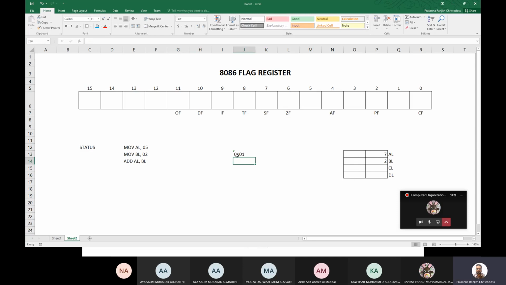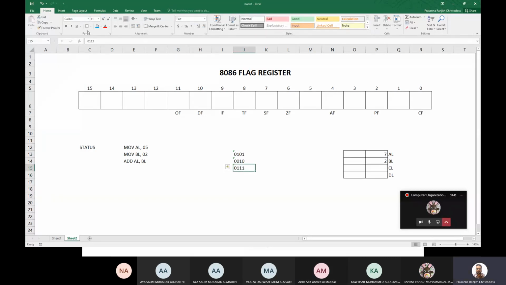What is 02? It is 0010. Now when you add, what happens? 0111.